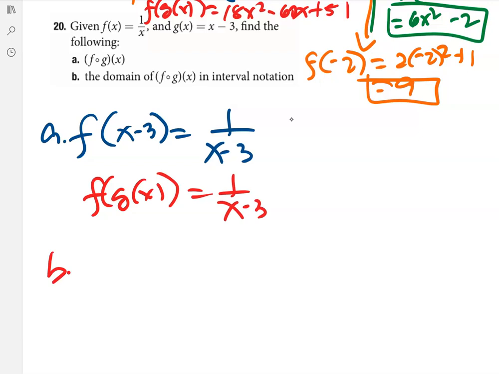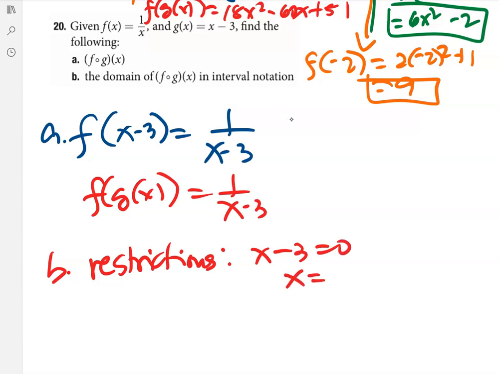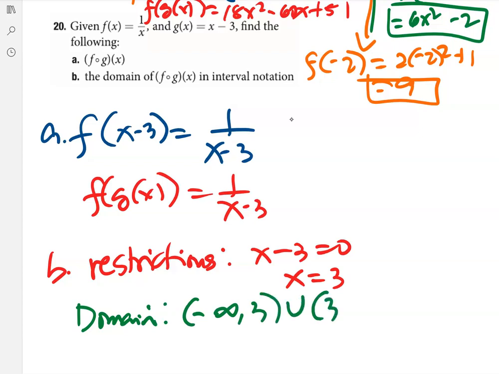Then letter B, this is the denominator, so you should have restrictions. That is when x minus 3 is set to 0, so that x is equal to 3. So what is the domain? It cannot be equal to 3, so from negative infinity to 3, and from 3 to positive infinity.